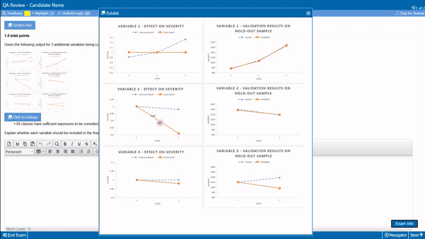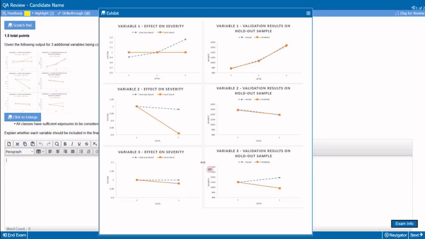So I'm feeling confident with this graph. Let's look at the second one. And here, again, we see that the modeled results very closely follow the actual results, which suggests that the model is predicting severity well. So I'm also going to include variable 2 in the model.